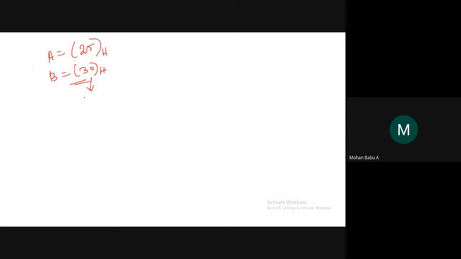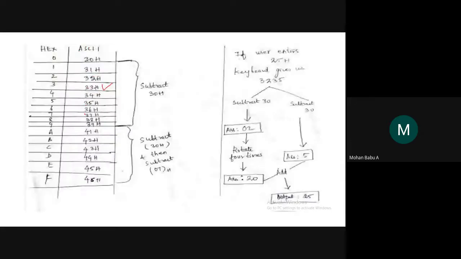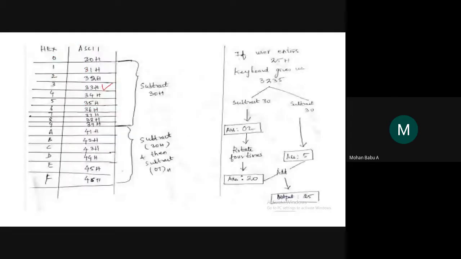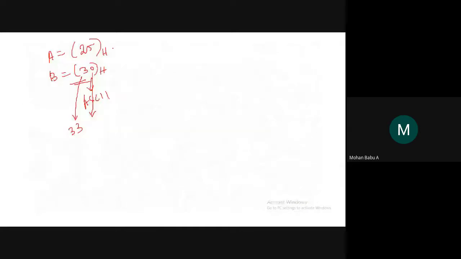So the ASCII equivalent for 30 here: first see what is the ASCII equivalent for 3? 33. Then the ASCII equivalent for 0 here is 30H. First process is what?